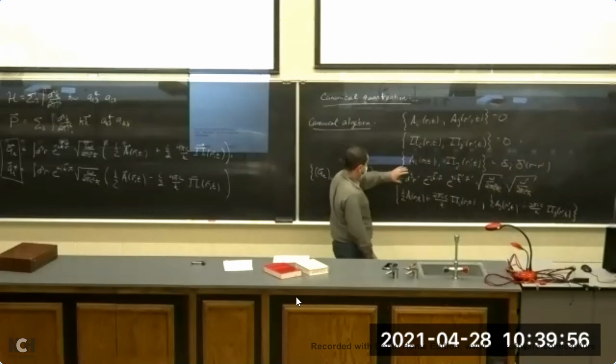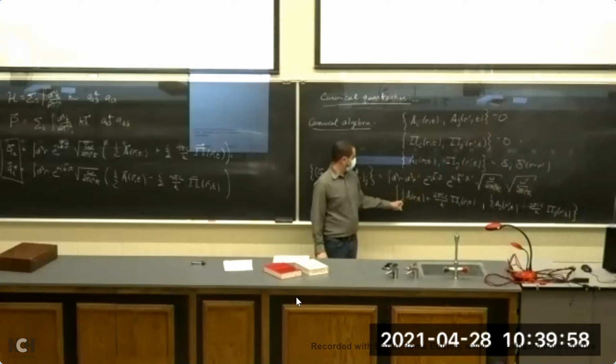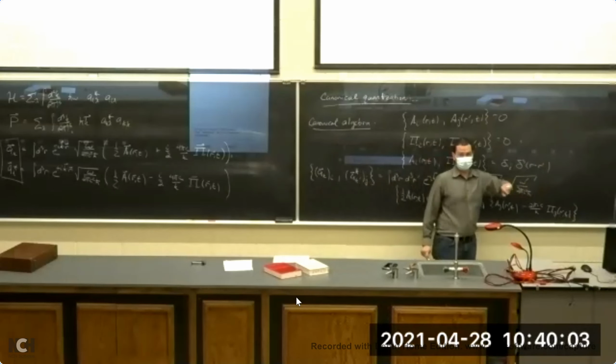So the integrals and all the extra factors just hang around, and I'm really just calculating the Poisson bracket of A plus pi with A minus pi.